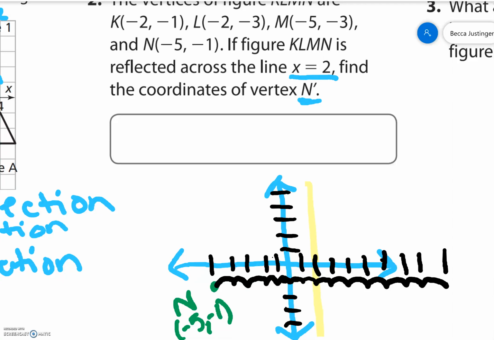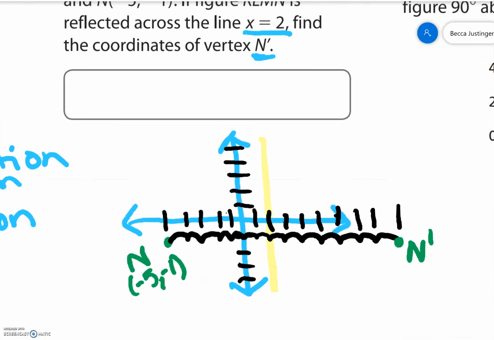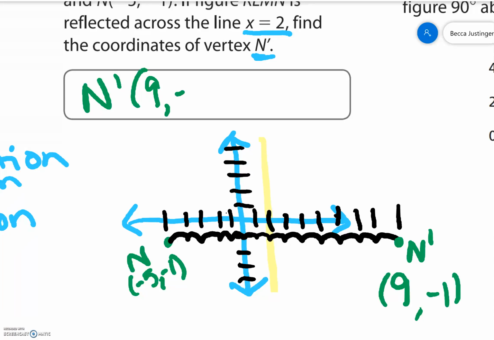Okay, and that's going to be where N prime is. I didn't move up and down at all, so my y coordinate is still -1. But my x coordinate has changed to 9. So the point N prime is at 9, -1.